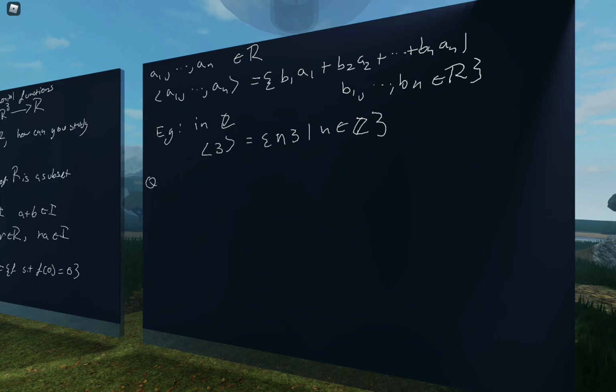And so when you come across an ideal, the question that is often important to ask is, can you write it as an ideal that's generated by a finite set?